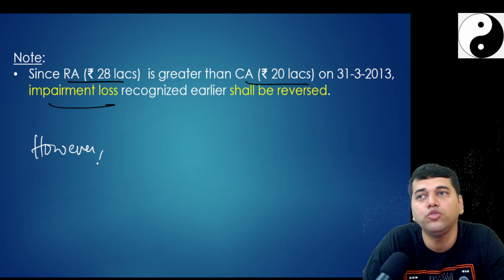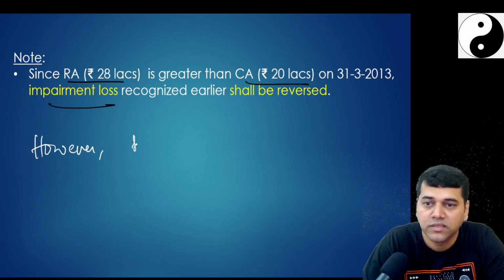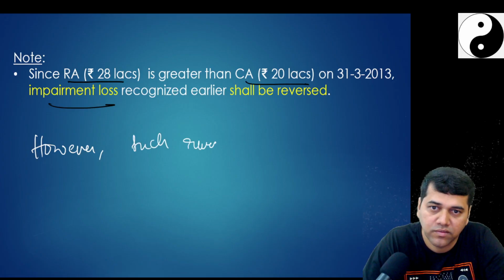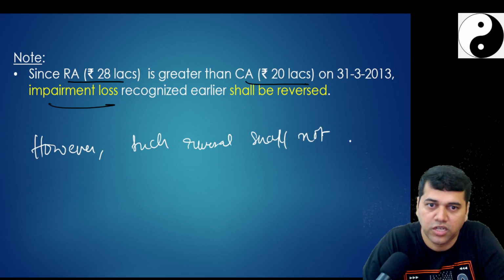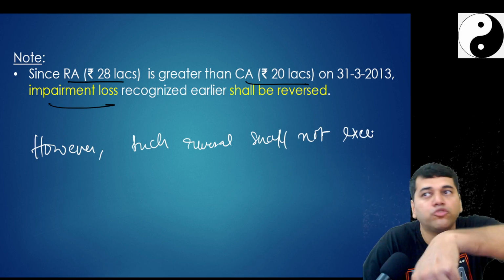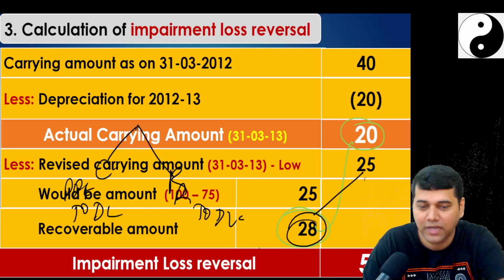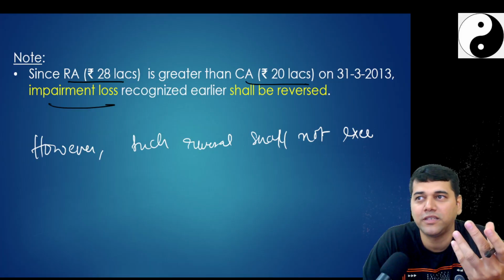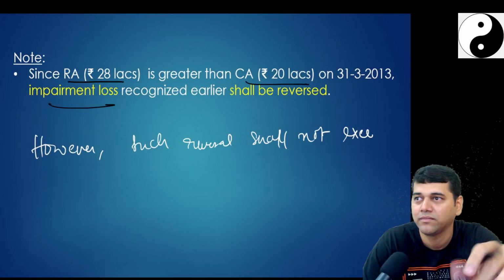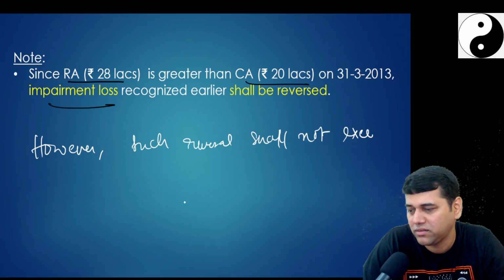However, so why did you do this last exercise, lower of this? However, such a reversal shall not exceed. In fact, after this you should do that working. Here we are doing this note first and then we are giving this note. Rather, the beautiful way of presentation is first you explain this and then do that reversal calculation. No problem, doesn't matter.